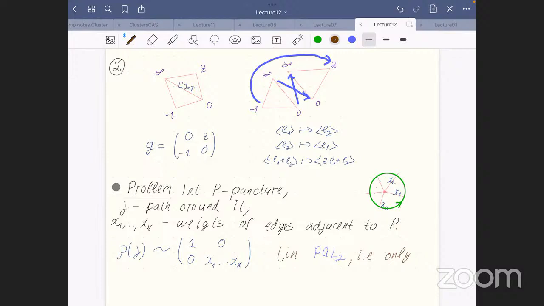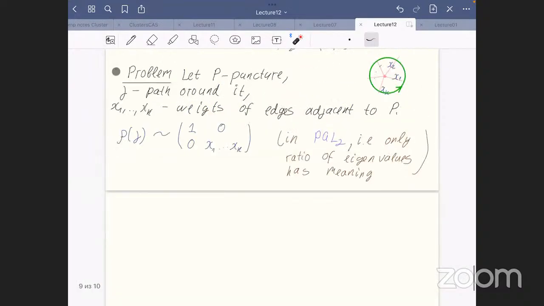So only the ratio of eigenvalues has meaning. In other words, the ratio of eigenvalues of this matrix around this point is equal to the product of the x variables which we have here. Okay.